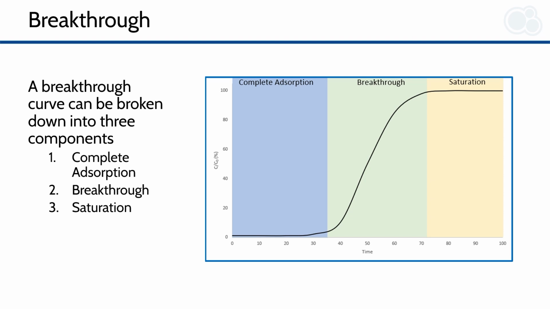Eventually you'll hit the green zone where breakthrough occurs. This is where you first start detecting that adsorbing gas concentration, and it will steadily rise until eventually you reach saturation. The yellow zone shows saturation. That's where the gases that you're putting into the column equal the gases coming out of the column, meaning that your column has reached the maximum capacity for the gas that it can adsorb.